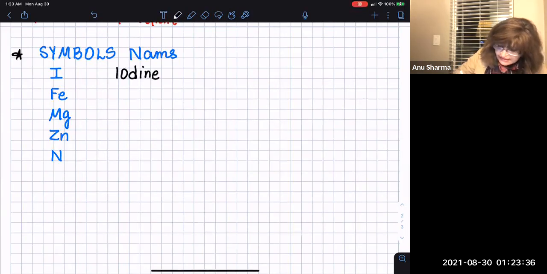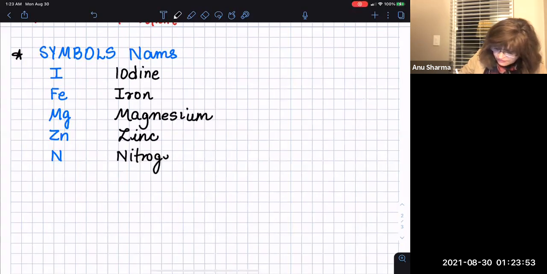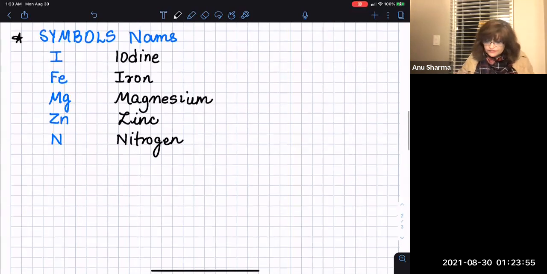Then comes iron, then magnesium, then zinc, and then nitrogen. So see how I have written this. This is how, if you do this, you can get practice of these.